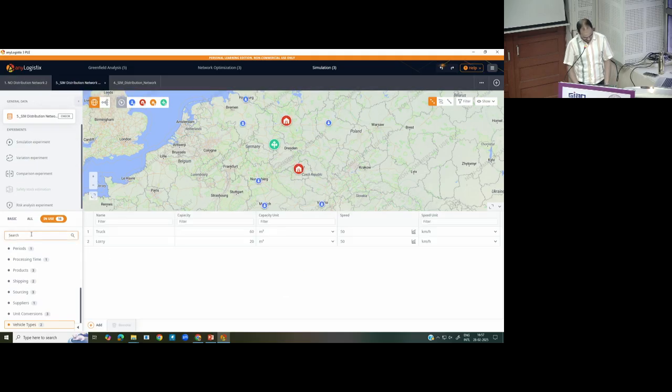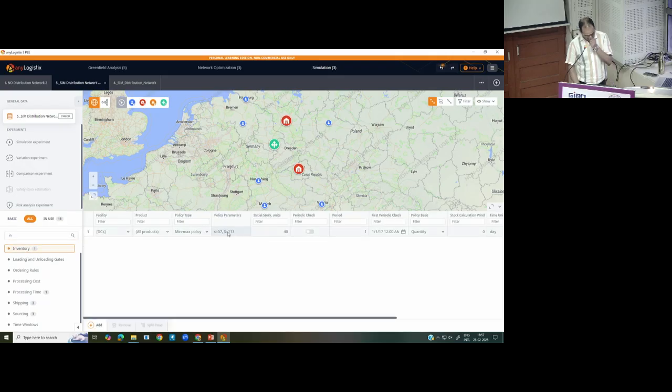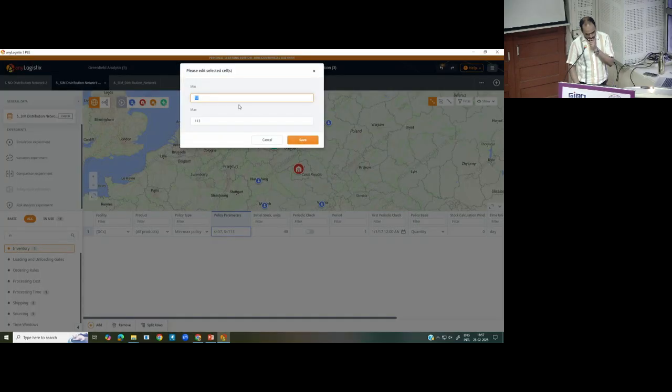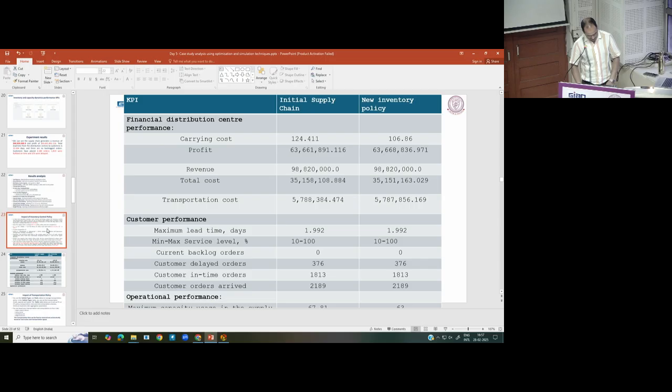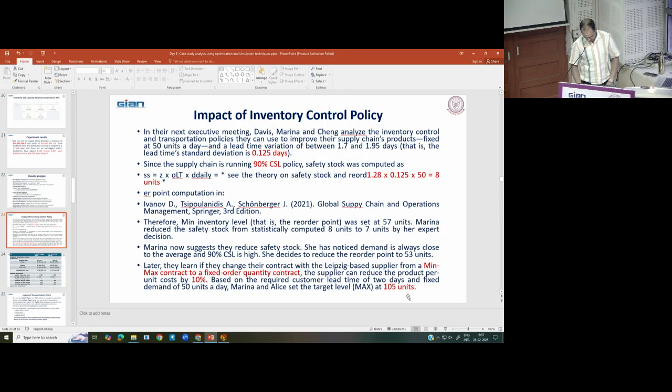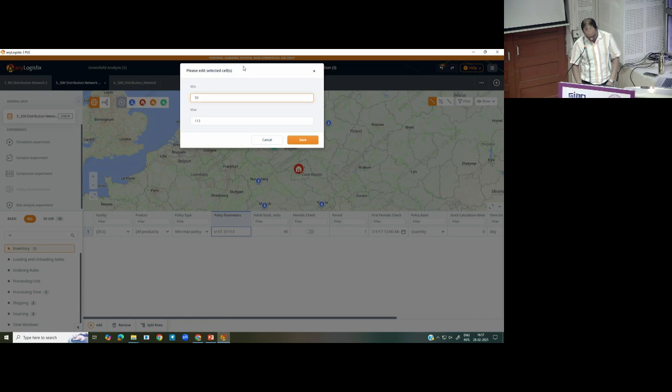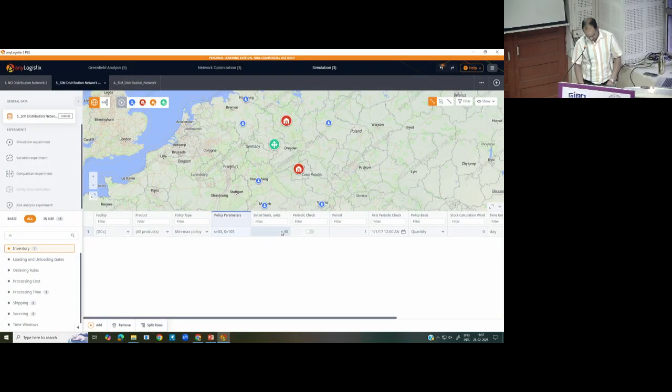In inventory I am saying... 53, and what is the maximum level they are saying? 53 and 105. Or we can do it here as well, you don't need to go there.